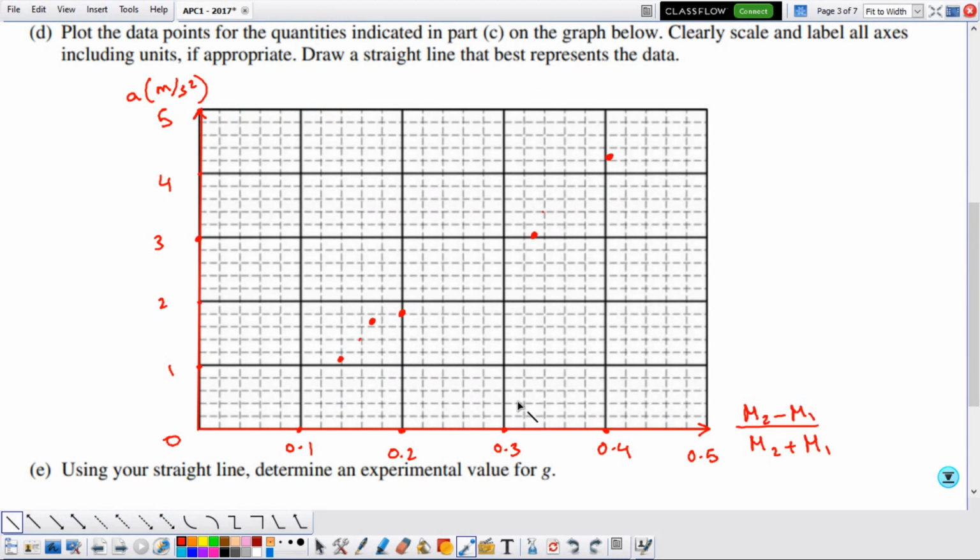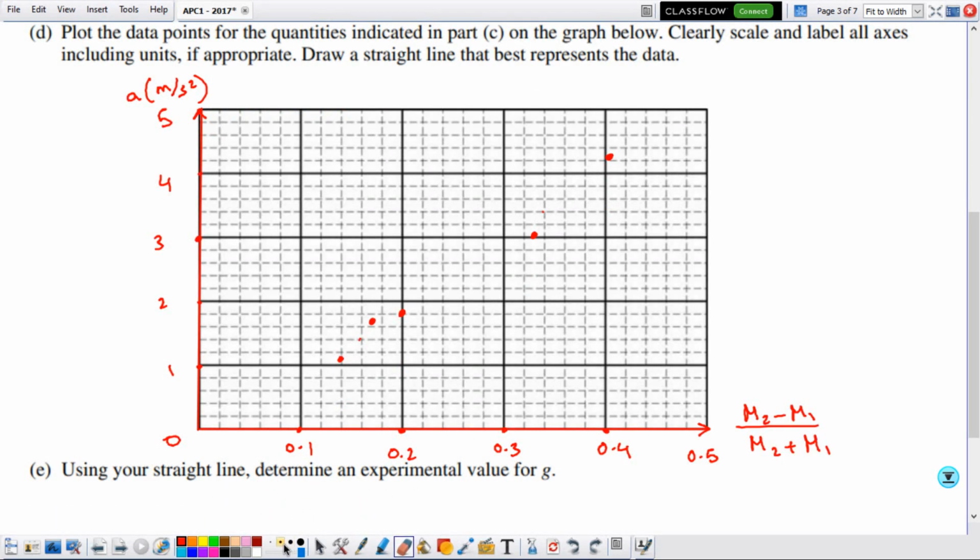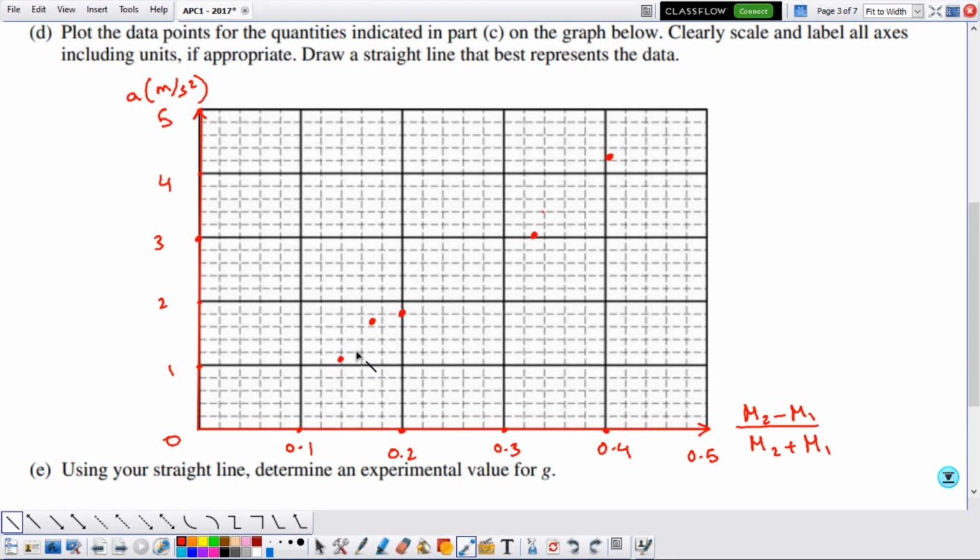And now let's draw our best fit line. Remember that in the best fit line, the line must pass through most of the points or should be equidistant if it's not passing through the points. So let me try to make it so. So basically that would be good.